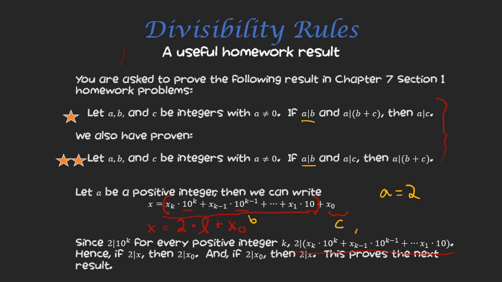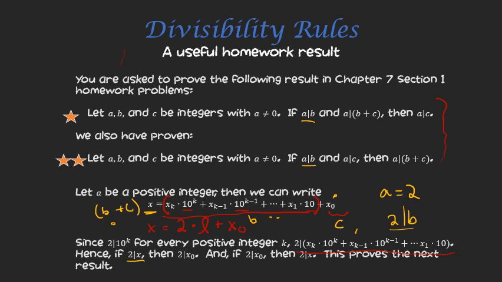So we have that 2 divides b, and if we assume that 2 divides the whole thing, b plus c, then since we know 2 divides b, we can conclude that 2 divides c, x naught. If 2 divides this one and 2 divides this one, then 2 has to divide this one.